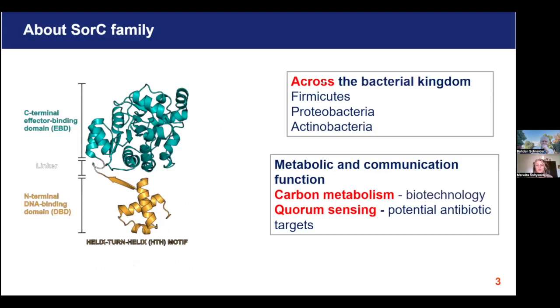SorC proteins are spread across the bacterial kingdom, and their regulatory functions are known in carbon metabolism and quorum sensing, and both of these domains make them interesting targets for biotechnology and therapeutical applications, as well as basic research, which was my case.